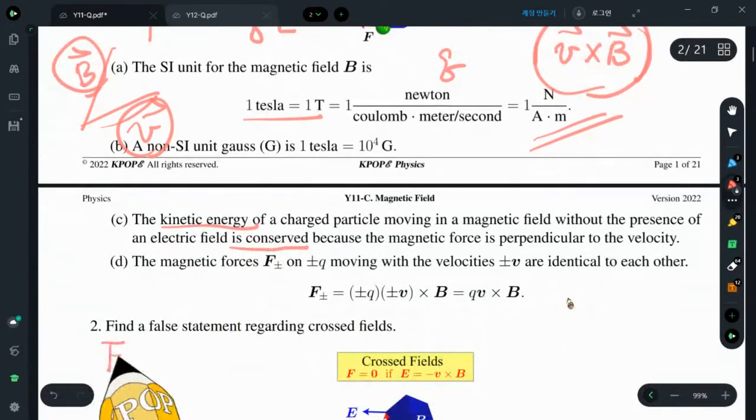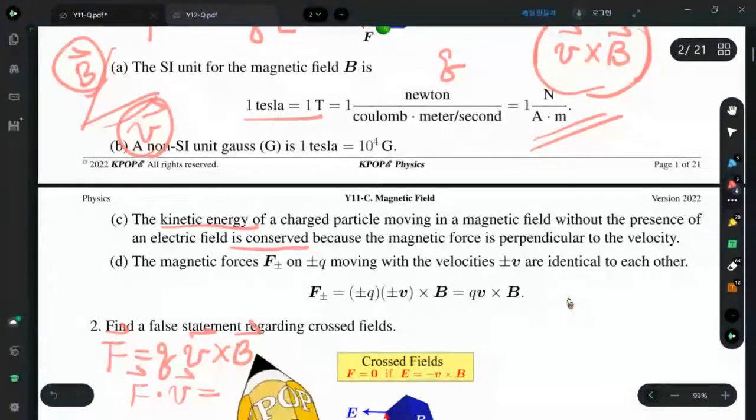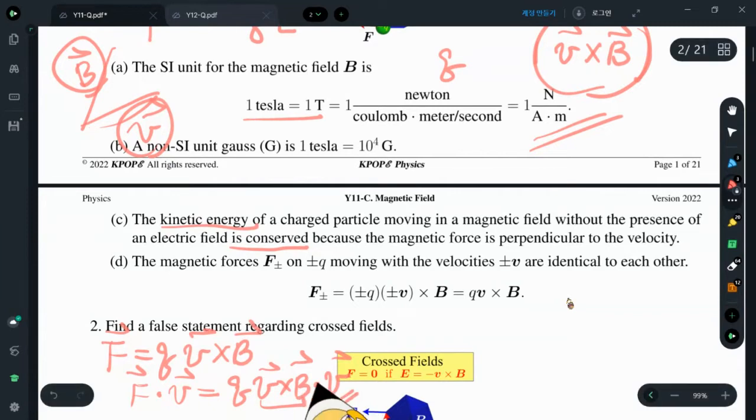Work kinetic energy theorem. Magnetic force is Q V cross B. And the power is F dot V, and Q V cross B dot V. V cross B is perpendicular to V. Therefore, this scalar product is always 0.